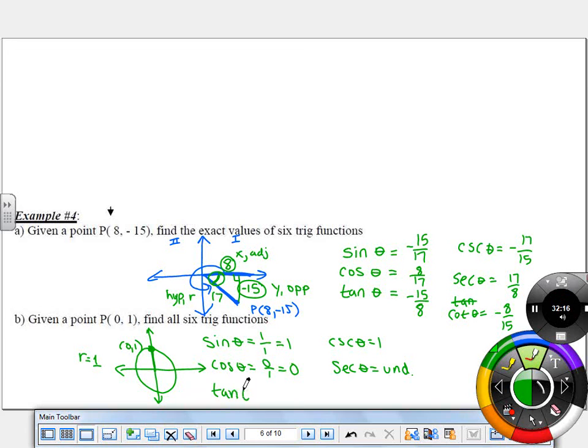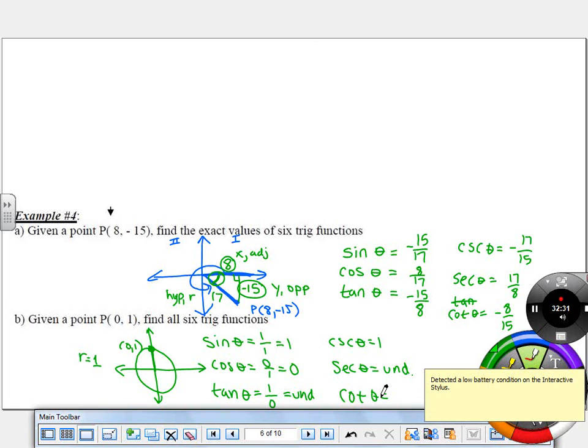And our tangent of theta, which is y over x, is 1 over 0, which is undefined. And the cotangent, if we flipped over our 1 over 0, it would be 0 over 1, which is 0.